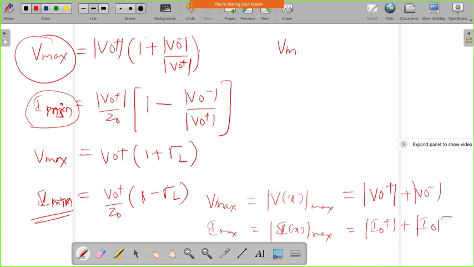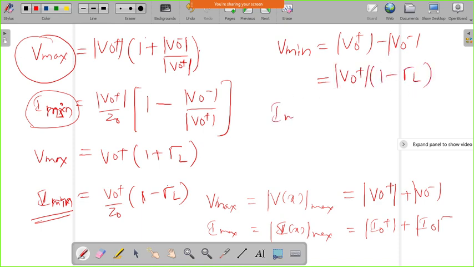V min is nothing but the magnitude of V naught plus minus V naught minus, so we can write it as V naught plus magnitude into 1 minus gamma L. And wherever the V minimum is there, we will get the I max, that is V naught plus magnitude into 1 plus gamma L.